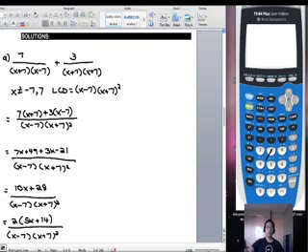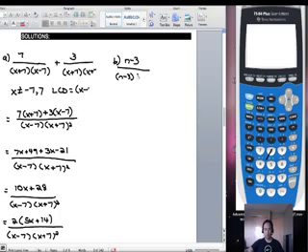Okay. In the second example, we're going to factor. So this is kind of an interesting one because you can actually reduce the first rational expression here.